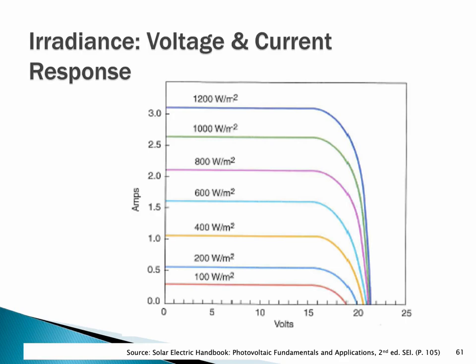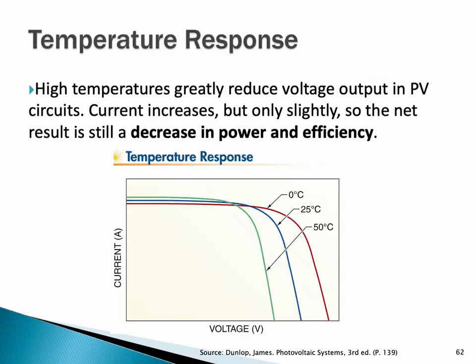Here's another one with more ratings on it. They assigned current numbers to this, from 0 all the way up to 3 amps. Voltage is going to be influenced by temperature, and again, we're going to be more or less at a fixed voltage. That's not going to vary very much. But know that this blue line is 25 degrees C, where my module is being tested.